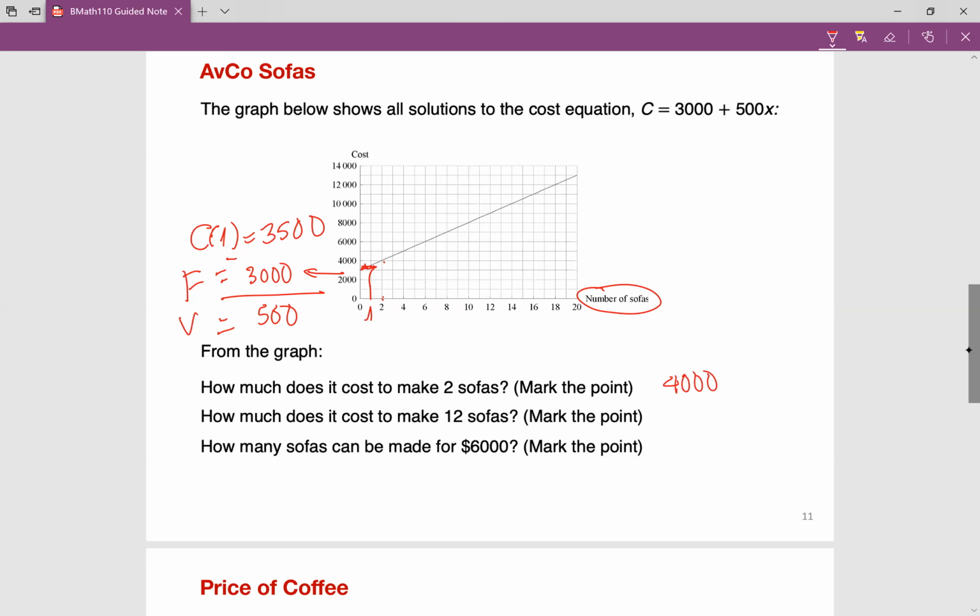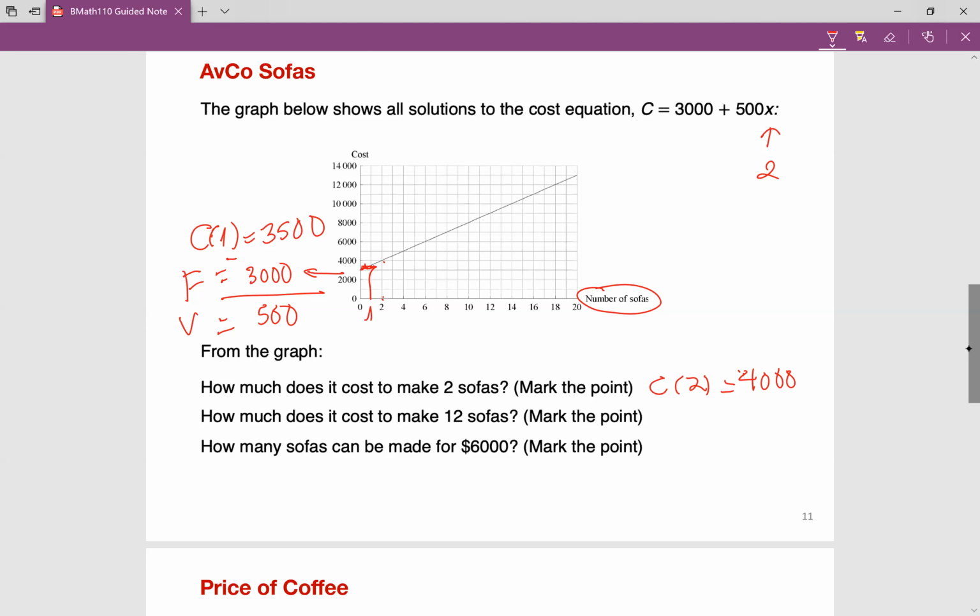You can plug in 2 here, and it should be exactly 4,000. So I'm going to say C(2) equal to 4,000.